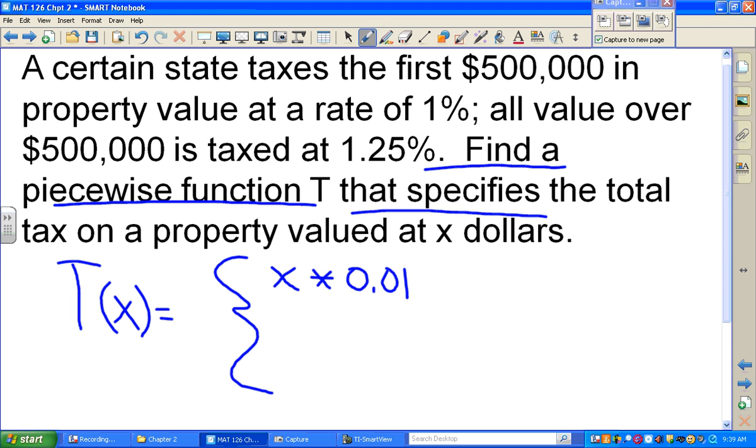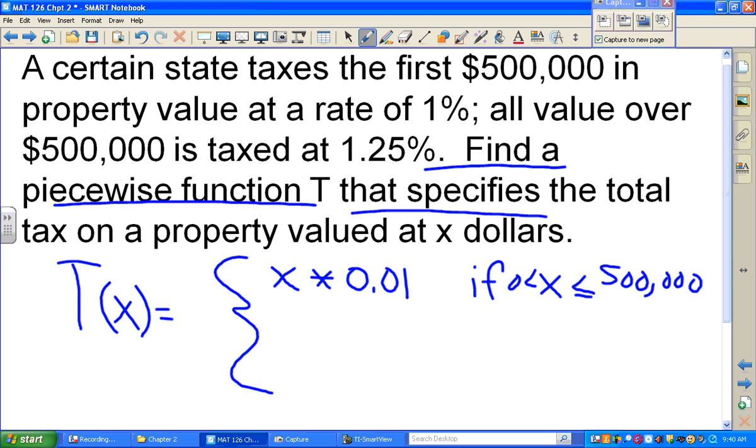There is no percent key on the calculator, so you write it as 0.01, if x is less than or equal to 500,000 and it's bigger than 0. You have to put the bigger than 0 because you can have negative property value. You can, but we're not in that game right now. That's another game for another class.